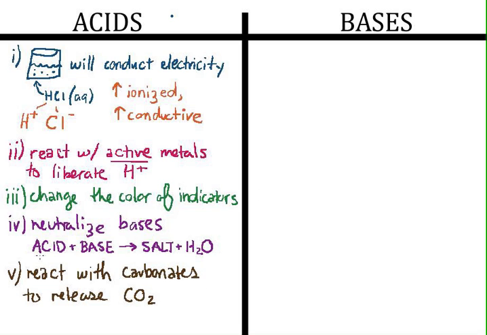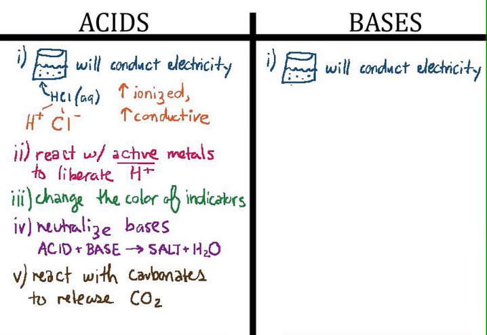Fantastic. Okay, so now let's shift over to the other side of our table here and talk a little bit about bases. So bases. Through the magic of cutting and pasting, I'm able to express for you the fact that bases will also conduct electricity in the way that acids do, and will tend to do so more when ionized than when less ionized, right?